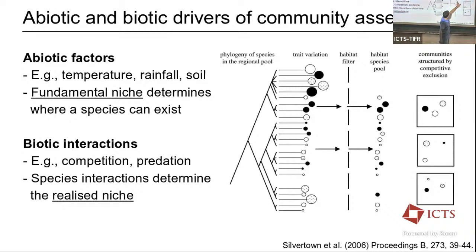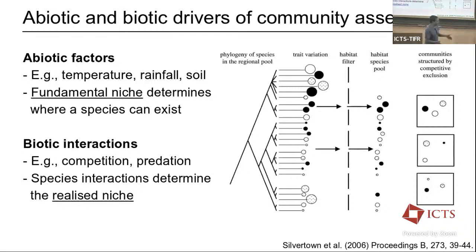So this might be a seed eating species, that might be an insect eating species. So this will compete with this. This will compete with this, right? And so when you end up with communities actually on the ground, you've got species that coexist with each other because they're avoiding competition.